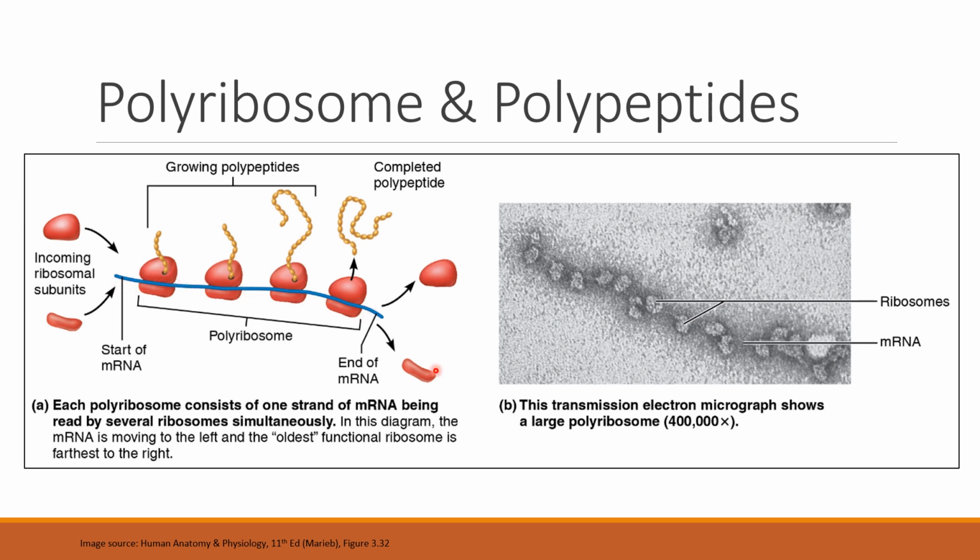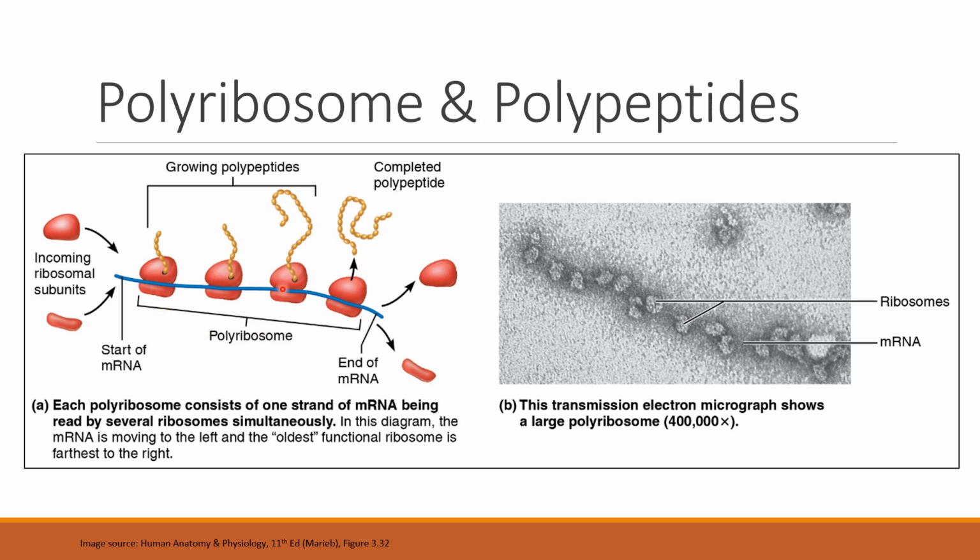But in this example, a polyribosome means that there's multiple ribosomes being used to generate this protein. So it's not always just one ribosome creating one protein. You can actually have multiple ribosomes coming along at various stages along the process.